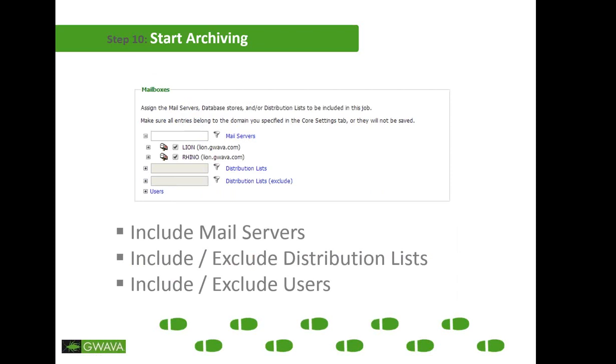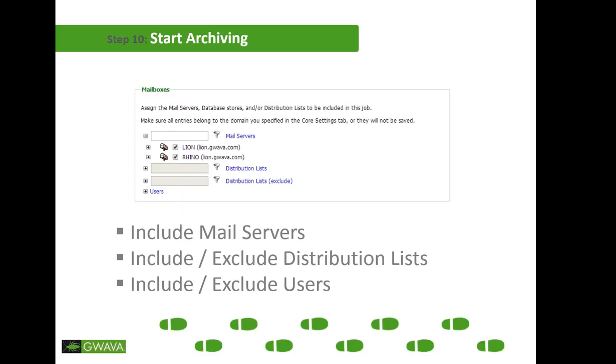Then you have to select the mailboxes, the complete mail server or a distribution list or only users, which can be included, or even you can exclude users from being archived if you have an informational account. If you have an account like we have for only newsletters, then you can exclude these users from being archived.